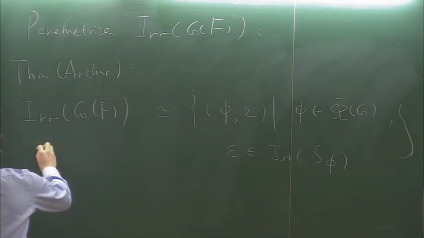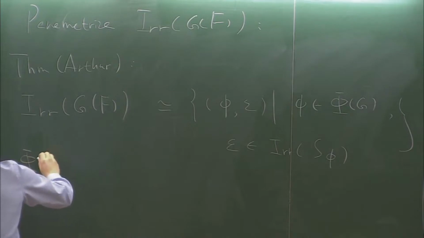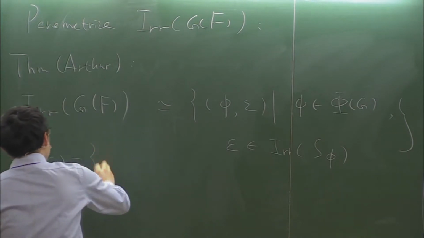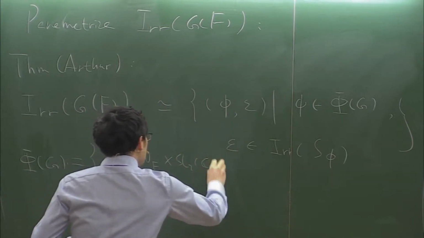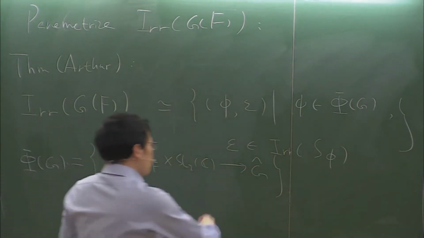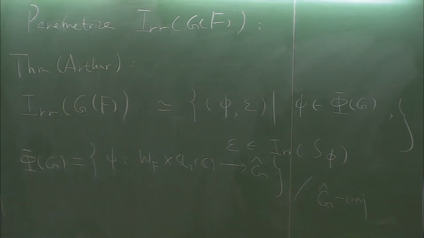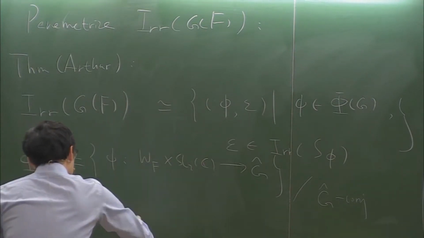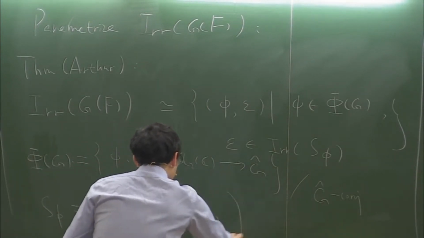So this S phi. Maybe just say a few words about this Langlands parameter. They are very like the A parameter, but you just don't have the second copy of SL2C. Okay, so roughly speaking, they are homomorphisms of this kind, and you take them modulo G-hat conjugacy. Okay, and then this S phi is going to be the component group of the centralizer of phi modulo the center of G-hat.